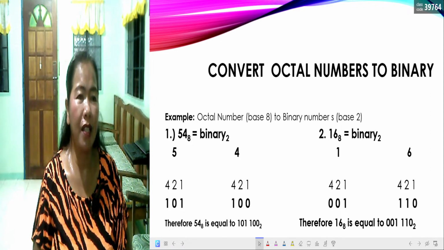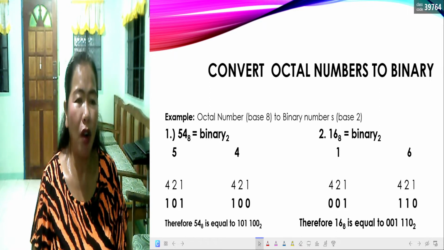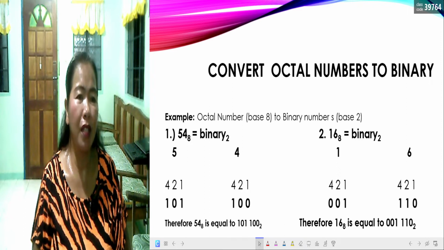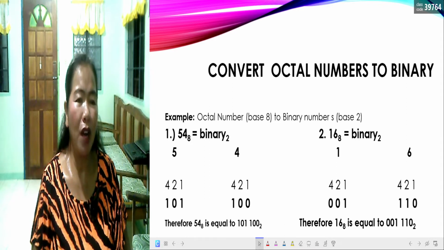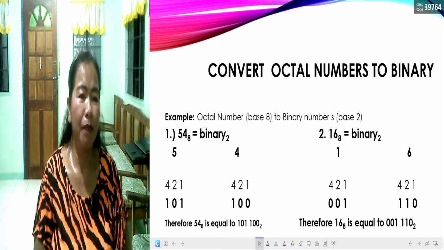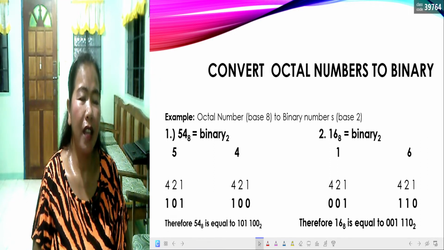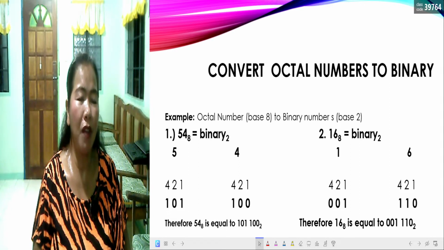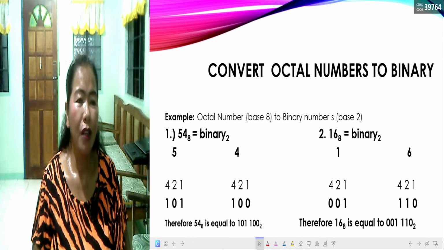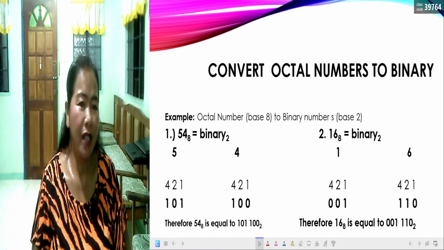Then since the given is 54, for the digit 4, again, you have to assign 1 to 4. Therefore, the rest of the multiplier equivalents, 2 and 1, should be written with 0.